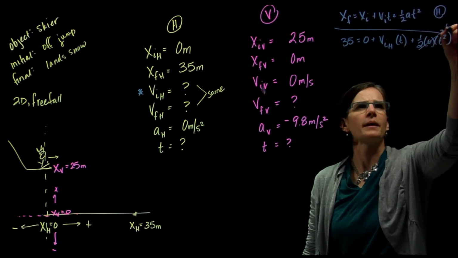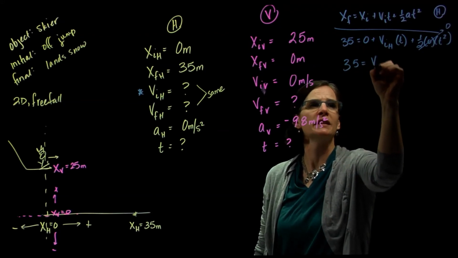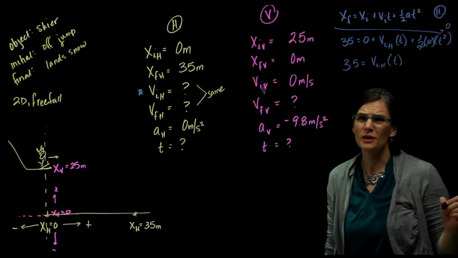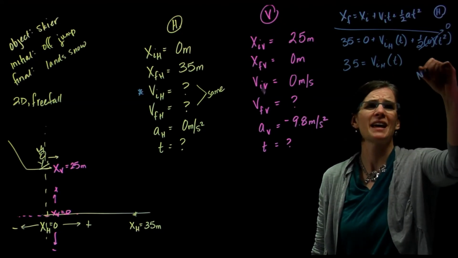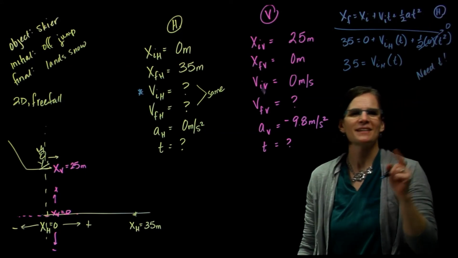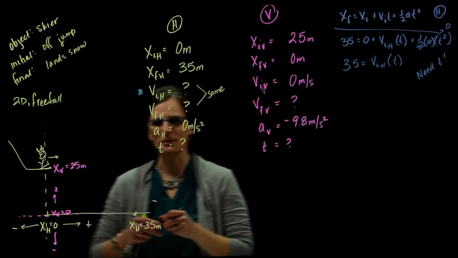So that goes away. We're left with 35 is equal to v initial horizontal times time. In order for us to determine that initial velocity, I need time. So again, as seems to be the case in a lot of these problems, I need to find time. So time becomes a variable of interest.